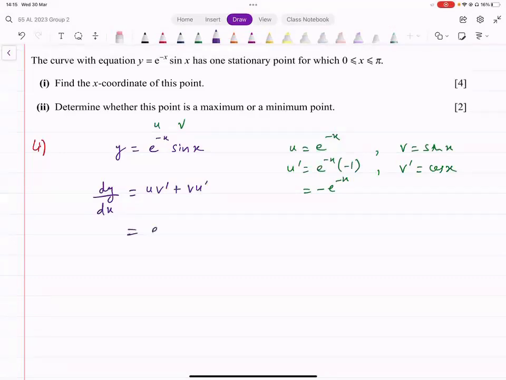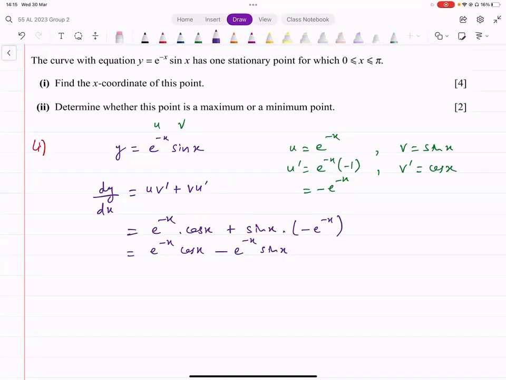That gives us e raised to the power minus x into cos x plus sin x into minus e raised to the power minus x, which gives e raised to the power minus x cos x minus e raised to the power minus x sin x. That's the derivative.